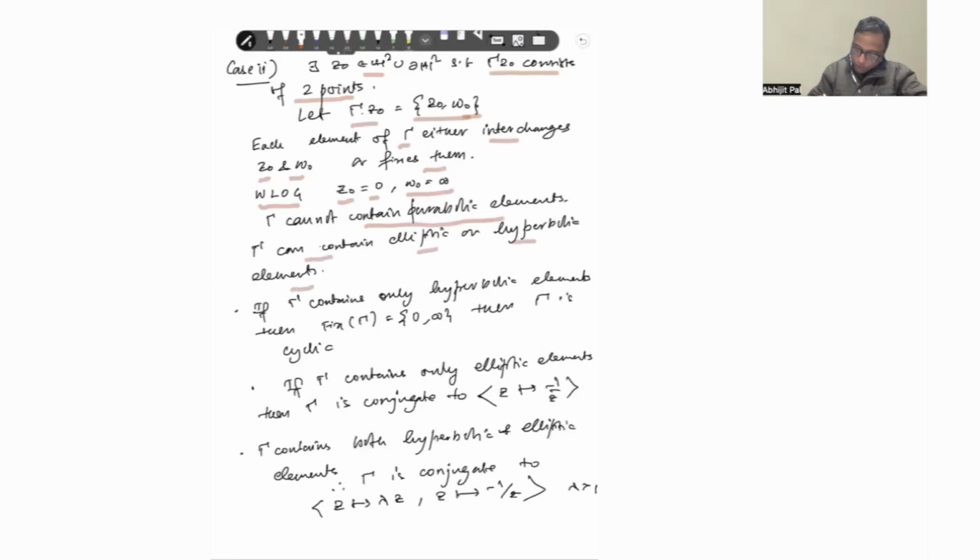So if gamma contains only hyperbolic elements, then the fixed point set of this gamma is 0 and infinity. So then gamma is cyclic. So that already we have observed. And if gamma contains only elliptic elements, then again gamma will be a cyclic group by your previous result. And one can show that this gamma is conjugate to the cyclic group generated by z goes to minus 1 by z.